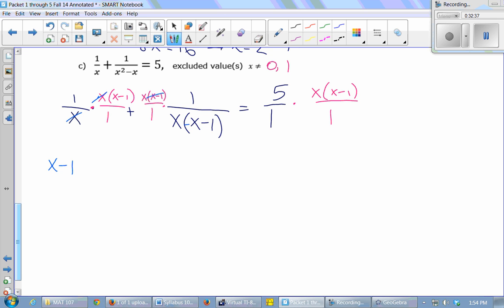Next term, the x minus 1's cancel, the x's cancel, and I'm just left with a plus 1. Equals, nothing cancels on the right-hand side of the equation, and I have 5x times x minus 1.